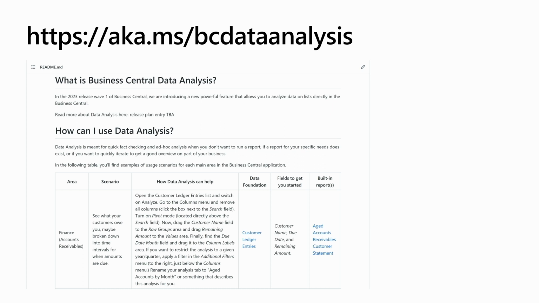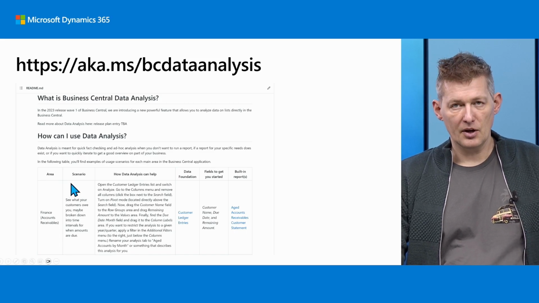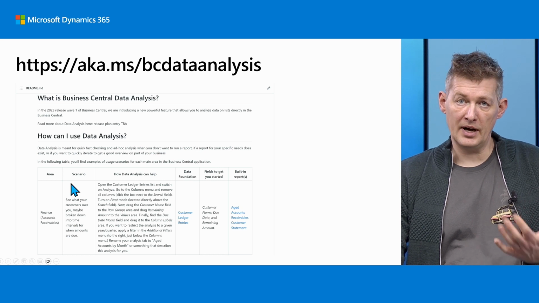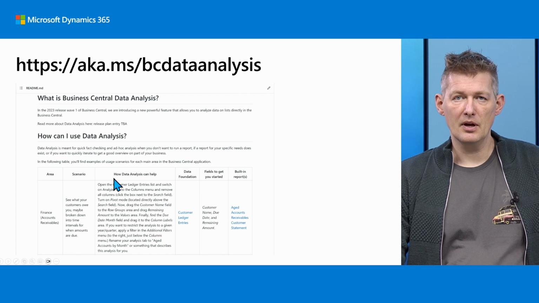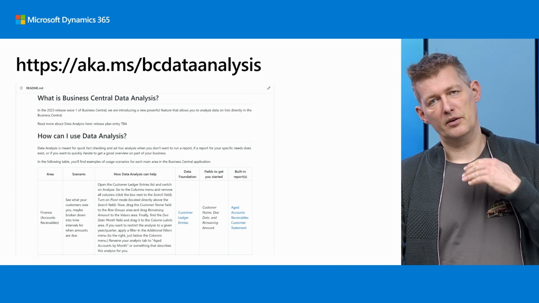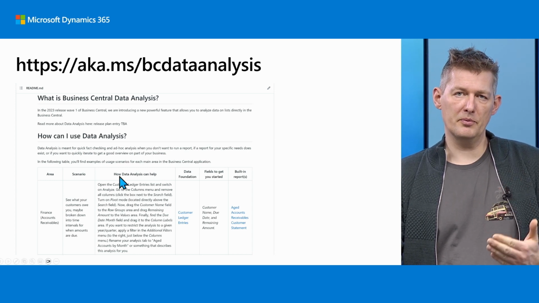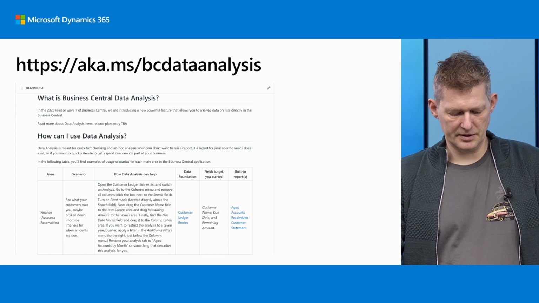It's just a web page where we highlighted, I believe, 15 different data analysis scenarios. There's an area like sales, finance, and so on. We have a scenario described, what is it that you want to achieve. And then there are step-by-step instructions, like go here, open analysis mode, click this, click this, click this.